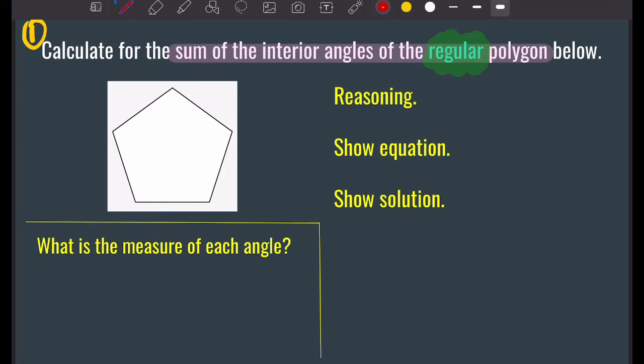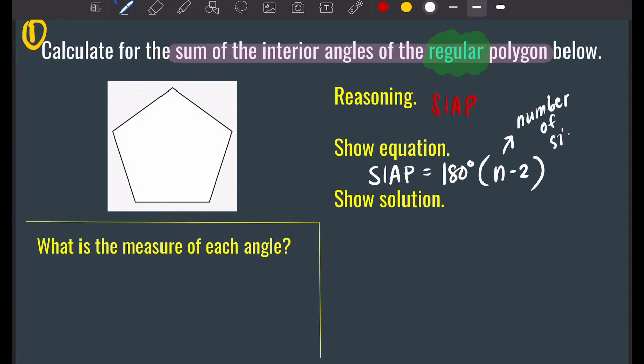Our reasoning: since we're looking for the sum of the interior angles of a polygon, we are going to use the SIAP rule. What exactly is SIAP? SIAP, sum of interior angles of a polygon, is equal to 180 degrees multiplied by (n minus 2), n being the number of sides.